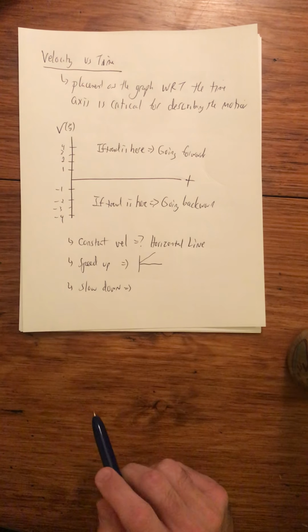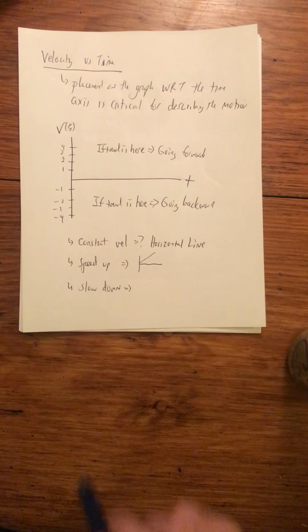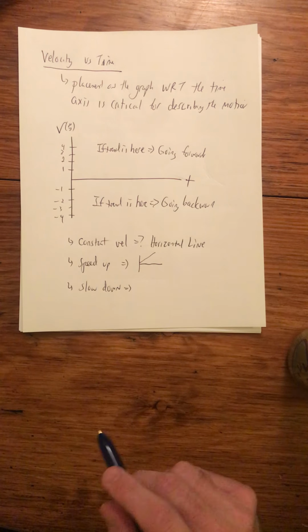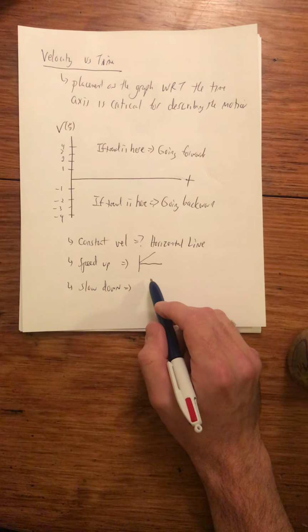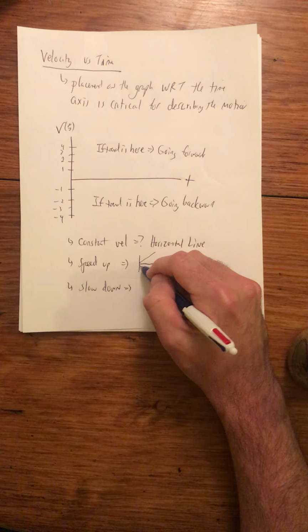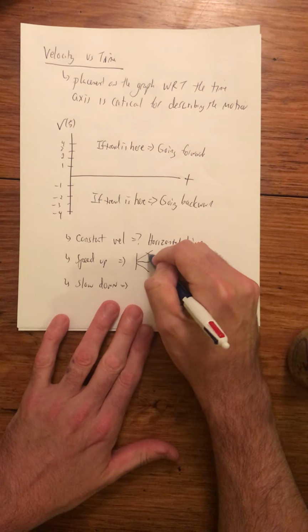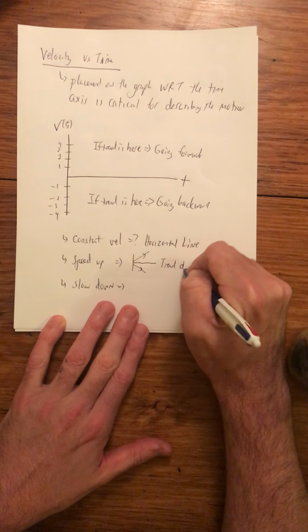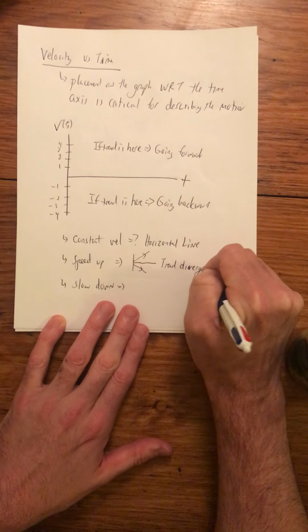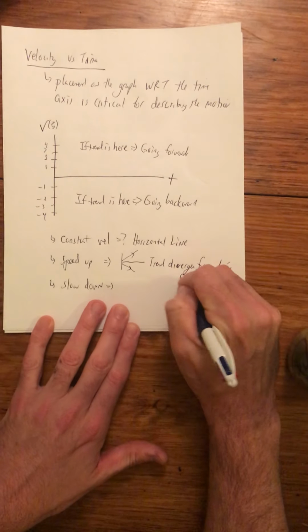But if I was speeding up while going backwards, that means my velocity is negative and my acceleration is negative, meaning that the graph is going to be in the fourth quadrant and the slope's got to be negative. That looks like this. So to describe that, if you look at this, it looks like the trend diverges from the time axis, right?